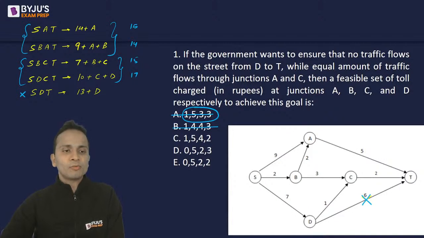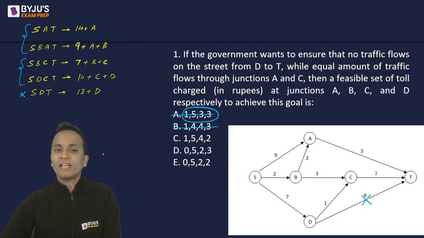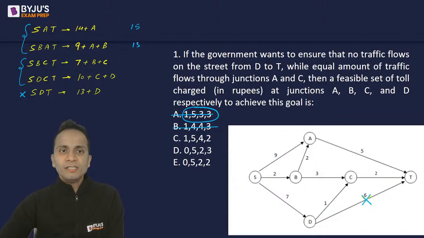Now I'll check the third option. Now to check each of these options, hardly will take 20 seconds each. Okay, and in not more than 1.5 to 2 minutes, you can finalize the answer. 1, 5, 4, 2. So A is 1. A and B, 1 plus 5, 6 and 9, 15 equal. Then B plus C, 9 and 7, 16.